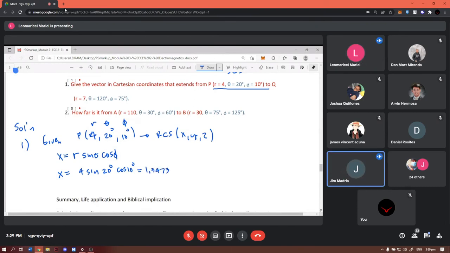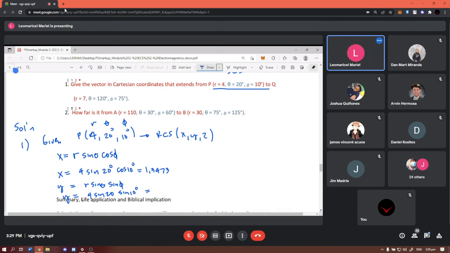1.3473. Okay. Then your Y, ang formula natin doon, R sine theta sine phi. So that would be Y equals 4 sine 20 sine 10 degrees.